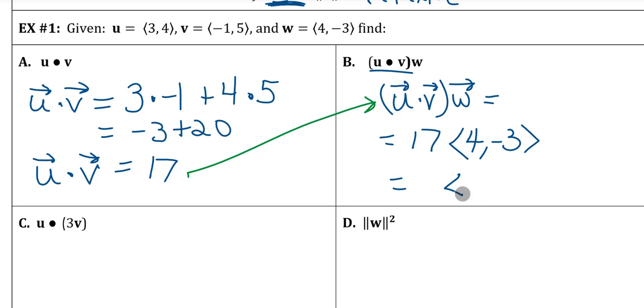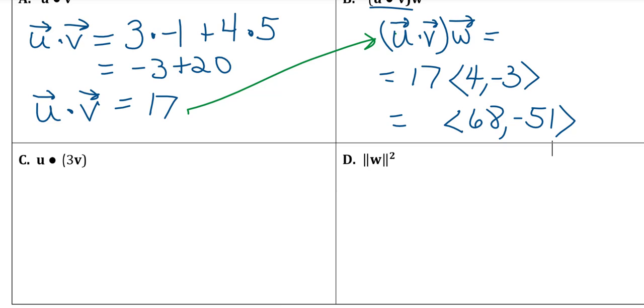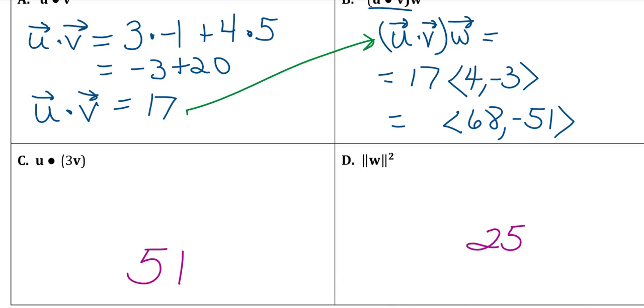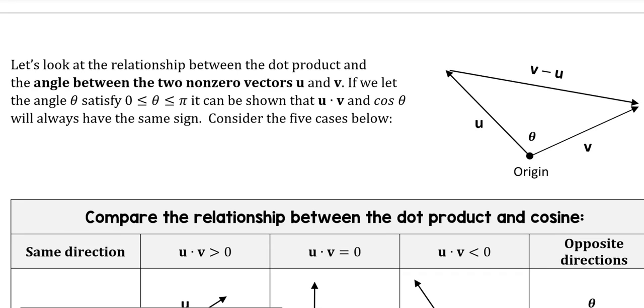So we get <68, -51>. Okay, I'm going to leave the other two for you guys to try, so give those a try. Pause the video, and then I'll pop the answers up here for you. There's the answers to parts C and D. If you didn't get those or you're not sure where I got the answers, please ask in class tomorrow.